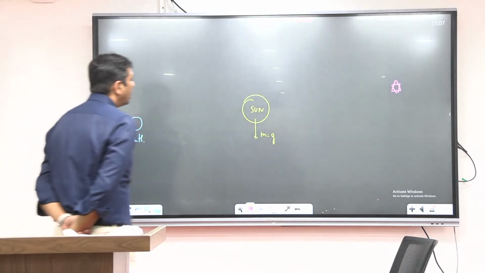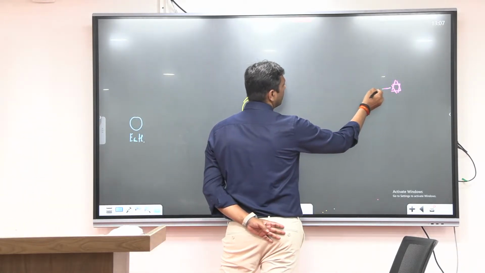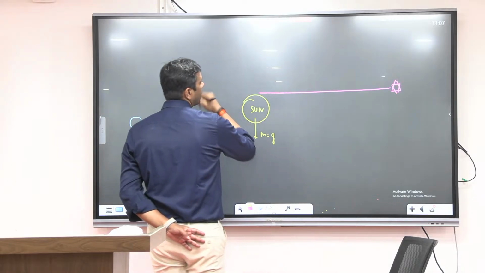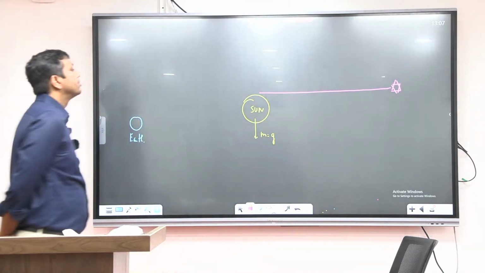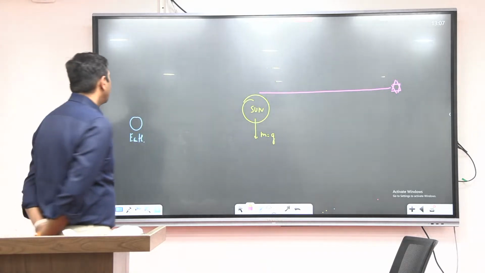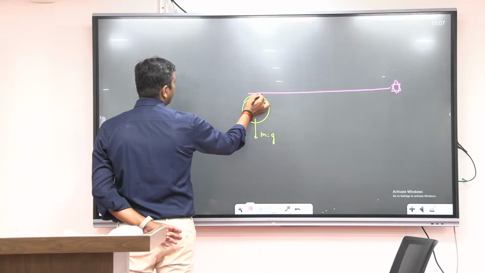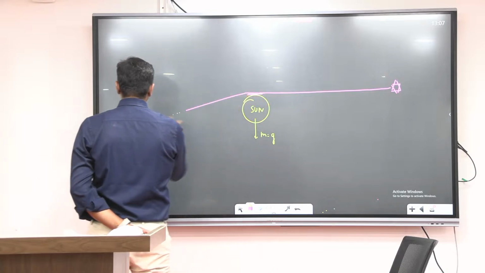And this starlight is coming in such a way. But due to the presence of the sun, the light is going to bend and reach here.